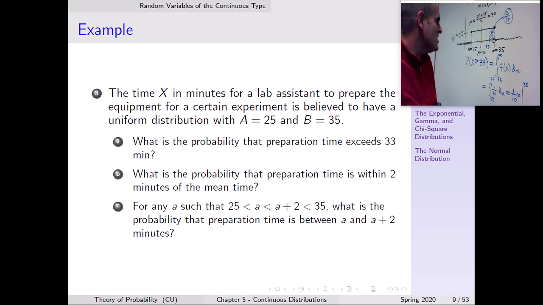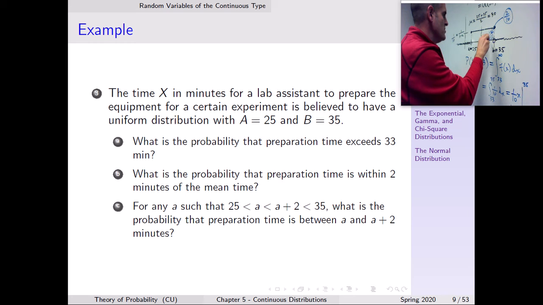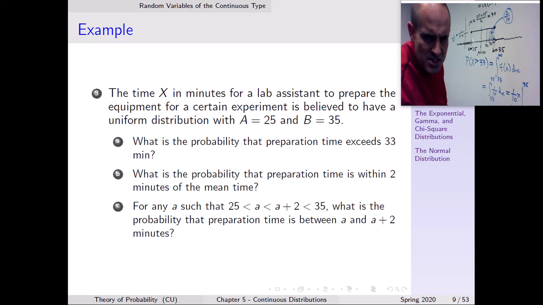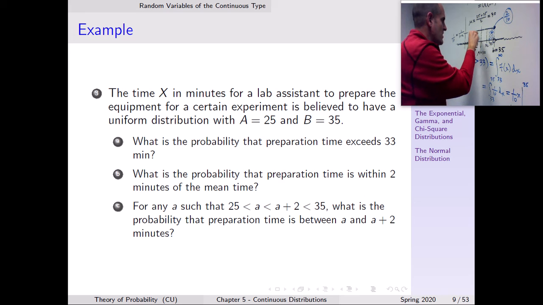Within 2 minutes of the mean. Well, 32 is maybe right here. Let me move this 33 over. And within 2 minutes, that means I need to go down to 28. So if this is 28 right here, then I'm asking about this.